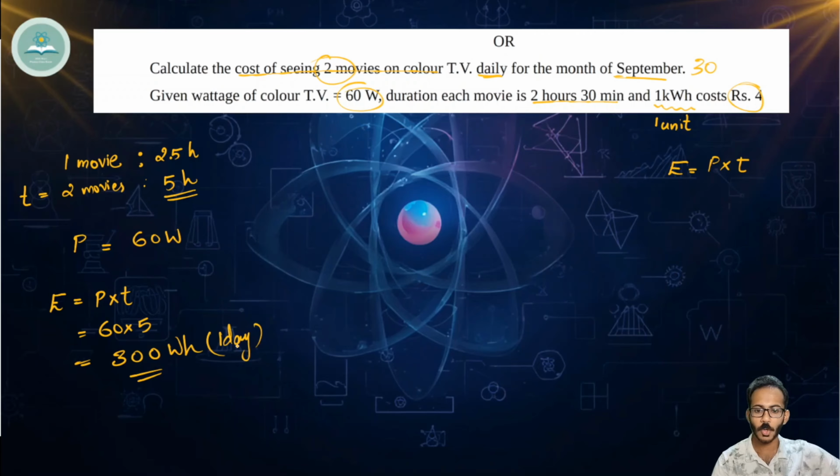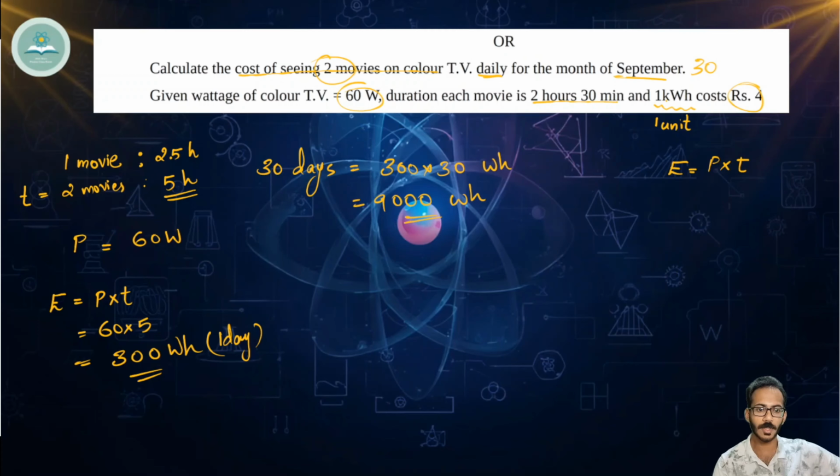Now we have to calculate for 30 days. So for 30 days, just multiply this energy by 30. That is 300 into 30 watt hour, so 9000 watt hour.